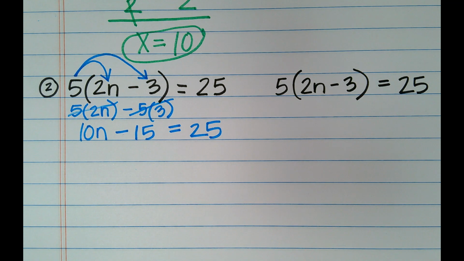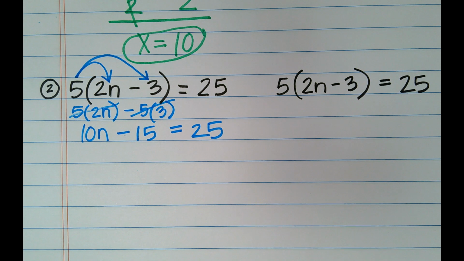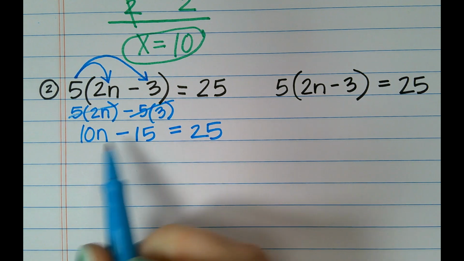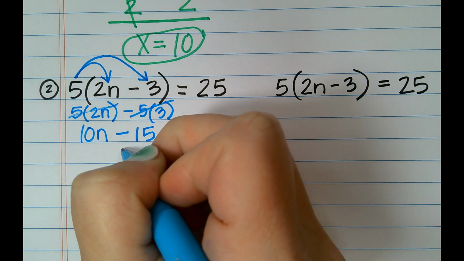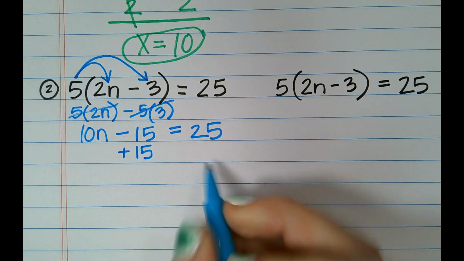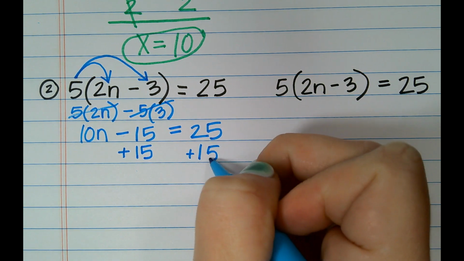And I heard a few of you saying this earlier, talking about, now we're to the part of the problem where we use our inverse operations. We're doing the opposite. What should I do first? Add 15 to both sides. Good. So plus 15 on both sides.